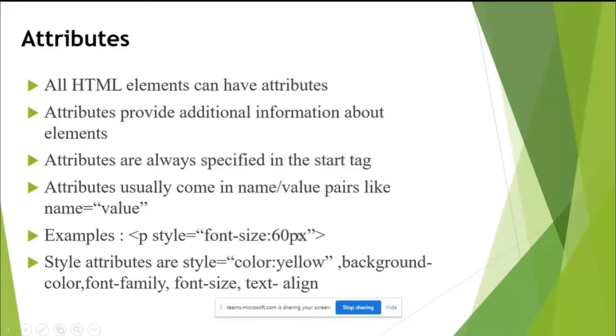So this is the attribute I have given here. With the style attribute, we can give color, background color, font family, we can change the font name, then font size, then text alignment, whether center or left or right side. How do we have to display it? So we can give those styles inside the tags when we develop the HTML.